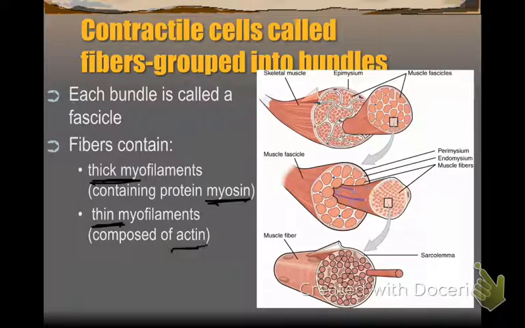Thin fibers are actin. So that's what I want you to write down. Thick equals myosin. Thin equals actin. That's all I remember I took notes on is actin. So that's basically, your book kind of leaves it there. Doesn't really go into a lot of detail. We're going to go into a lot more detail. This is probably going to be the most detail-rich lecture on physiology that we've had the whole semester.